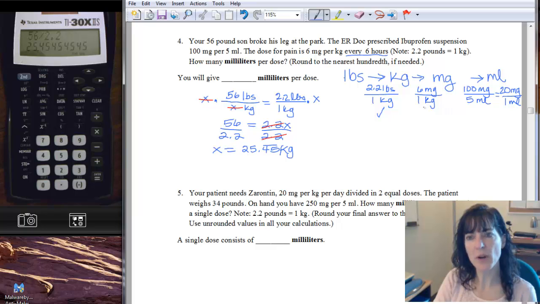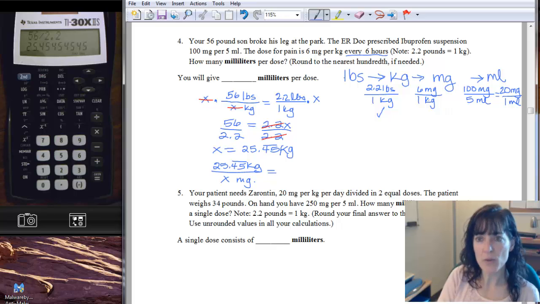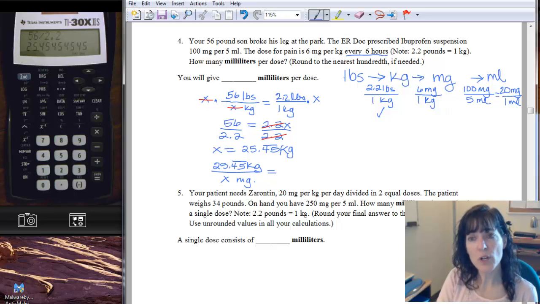So I've done this first calculation, so I'm on to the next one. I want to go from kilograms to milligrams using this fact. So I will write 25.45 repeating kilograms over x milligrams, because I don't know how many it's equal to, and then use my fact here. It looks like I'm going to have to flip it over so that I have kilograms over milligrams, because that's how I started my left hand side.